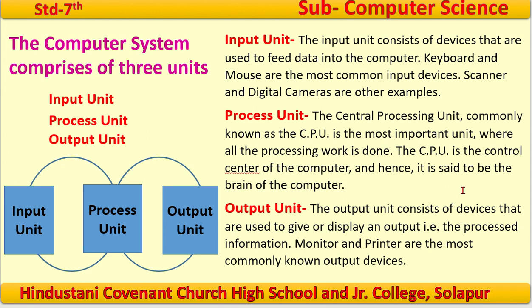We require the CPU for processing as well as controlling. Controlling the hardware, the applications, the software, everything is done by the process unit, or we can call it the CPU. The next unit is the output unit. The output unit consists of devices that are used to give or display an output.